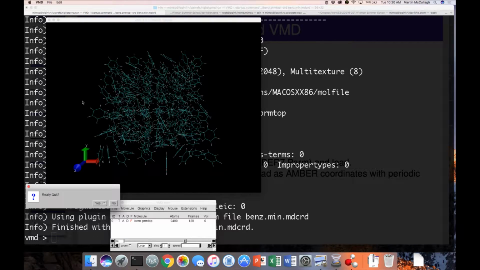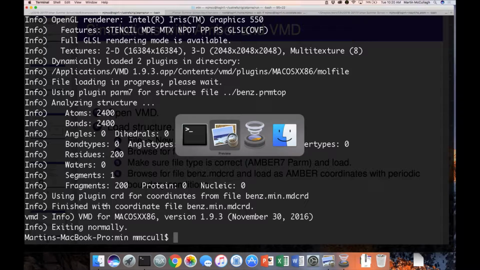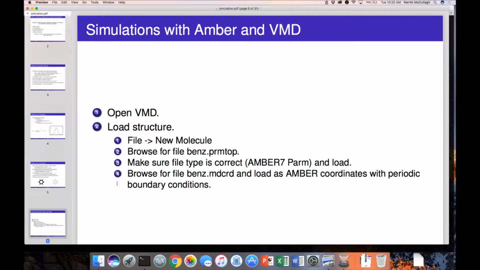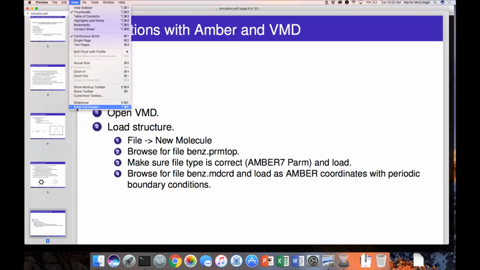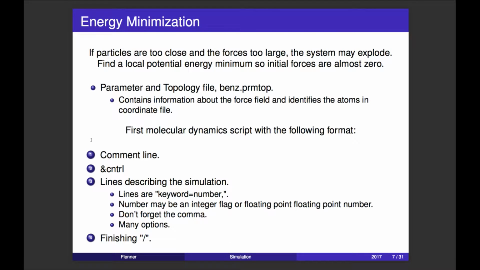All right. So I used Amber, the simulation package, to do the minimization.